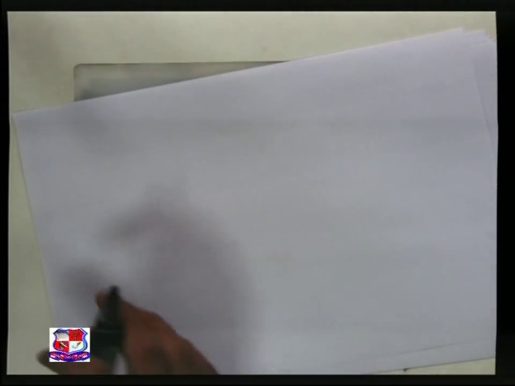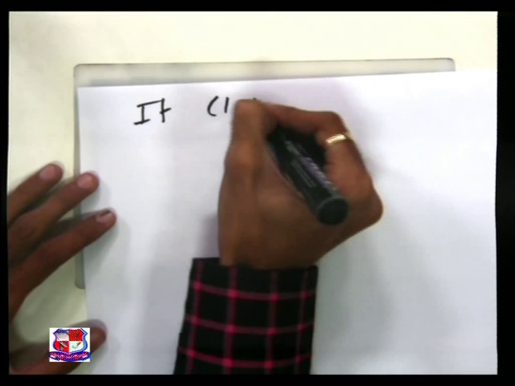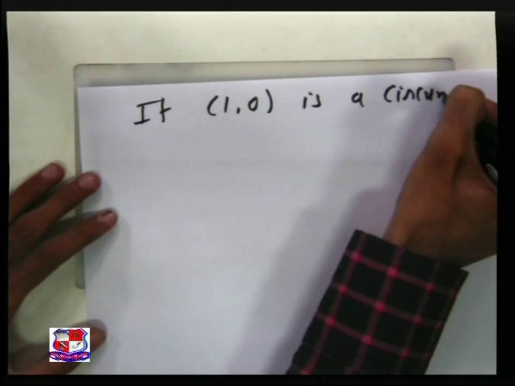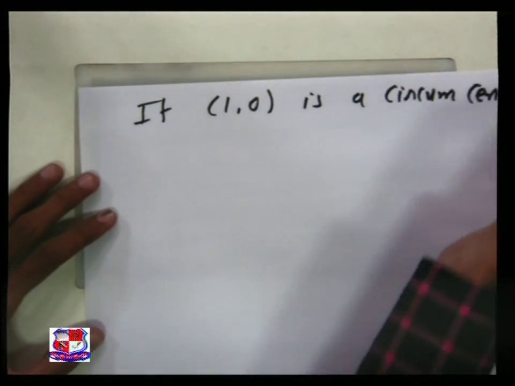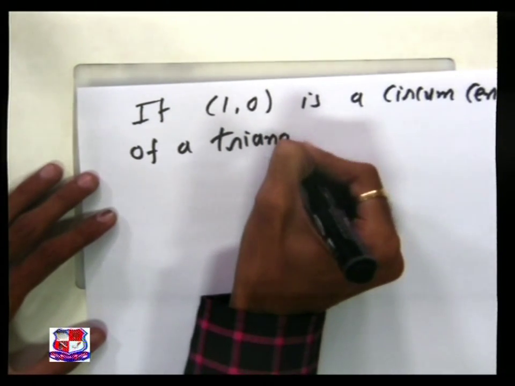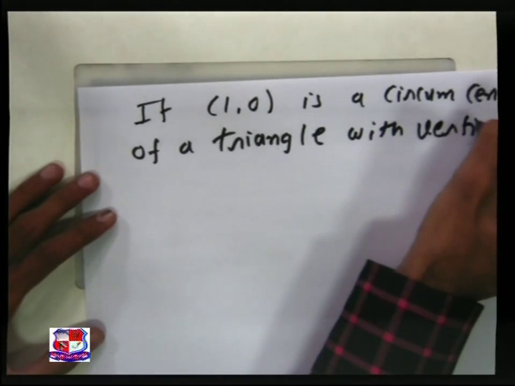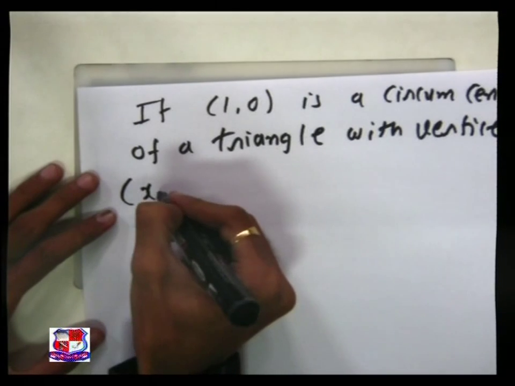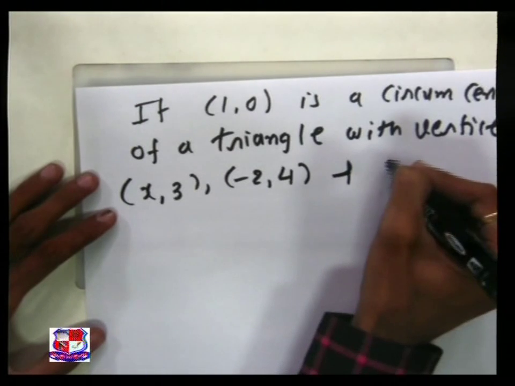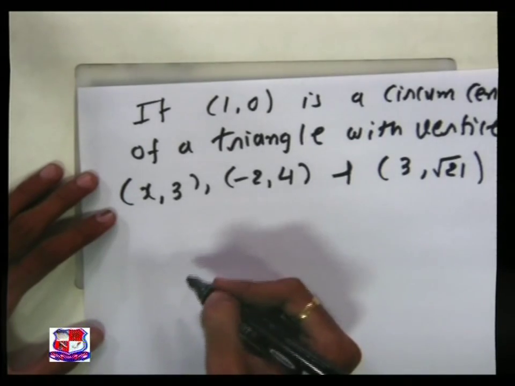If the question is like that, if 1, 0 is a circumcenter of a triangle with vertices x, 3, minus 2, 4 and 3, root 21, then find x.